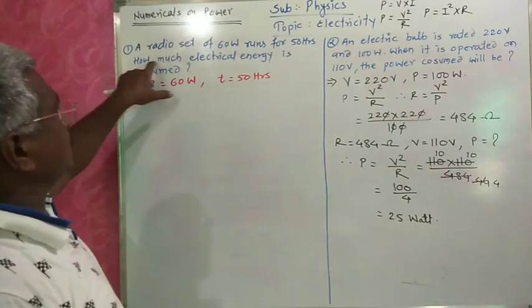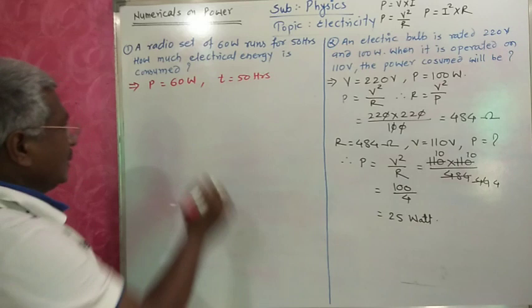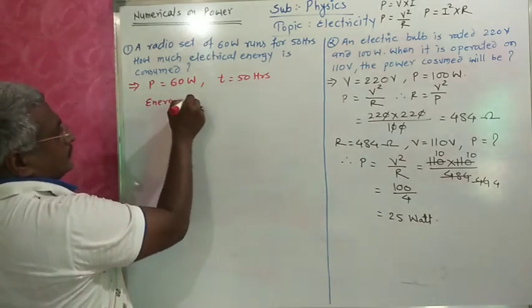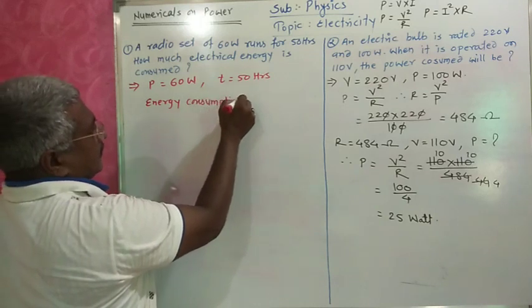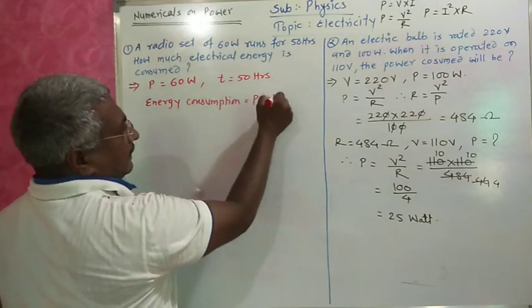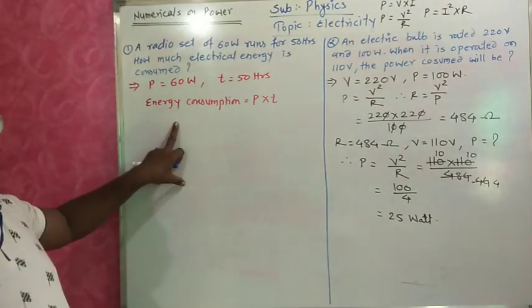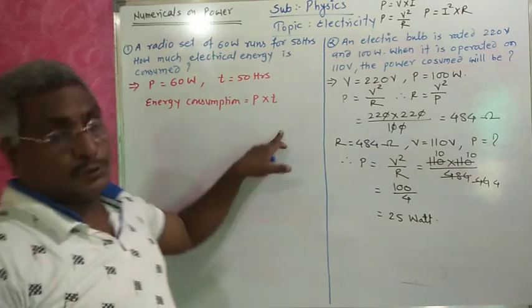Now we have to find the electrical energy consumption. So energy consumption equals power into time. This formula I wrote and gave.